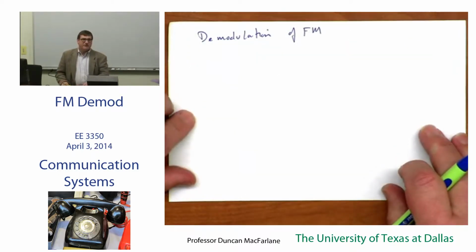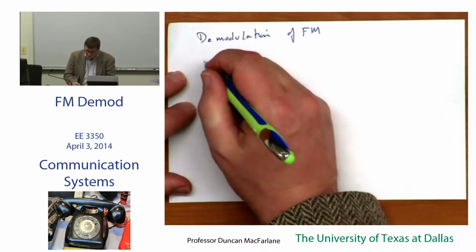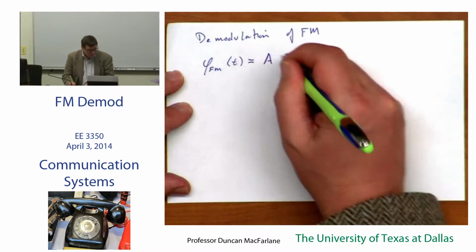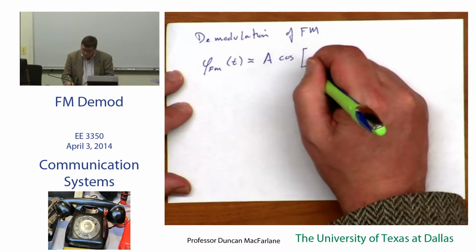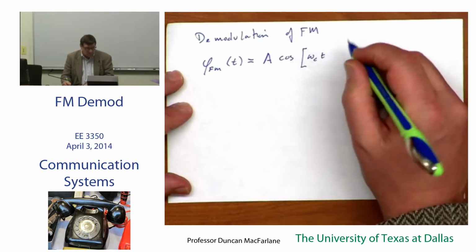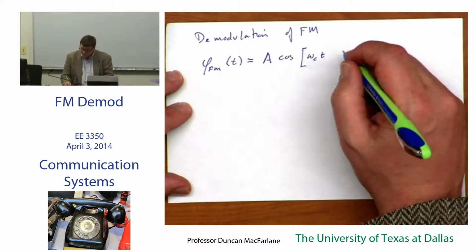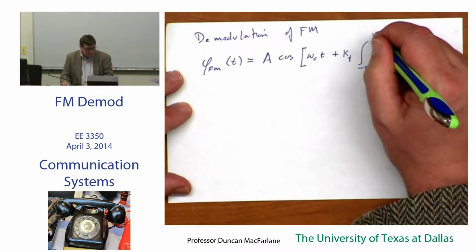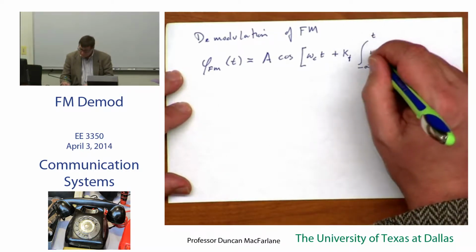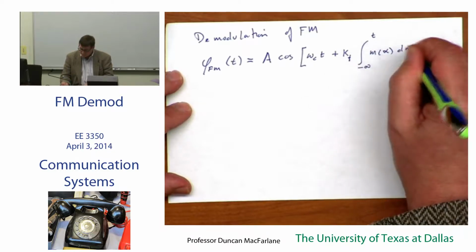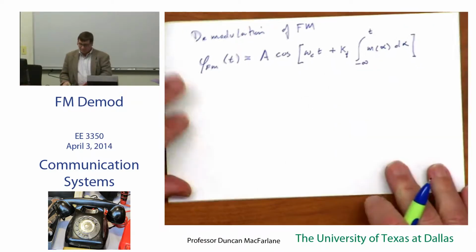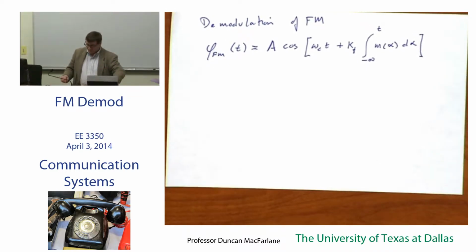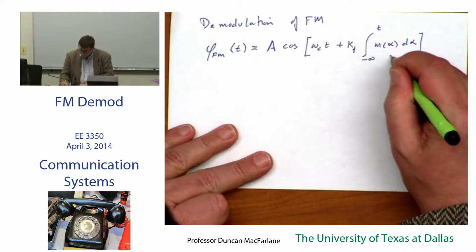Okay, so demodulation of FM, and what I'll do is I'll start by looking carefully at the form of the signal that's transmitted down the channel, and recognizing that what we really want out of this is our message signal.